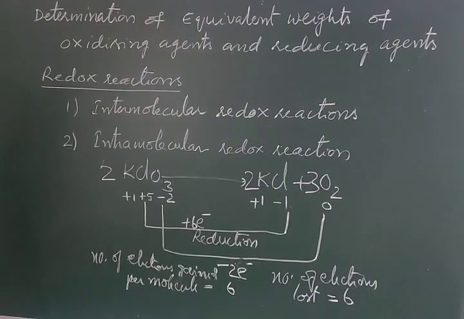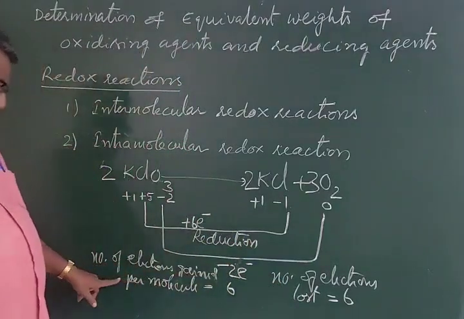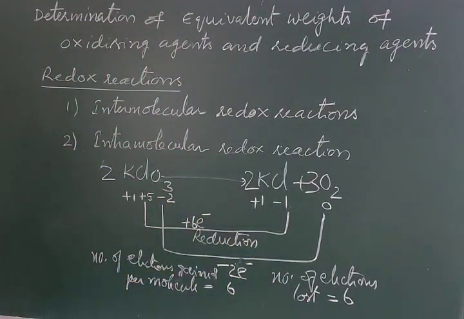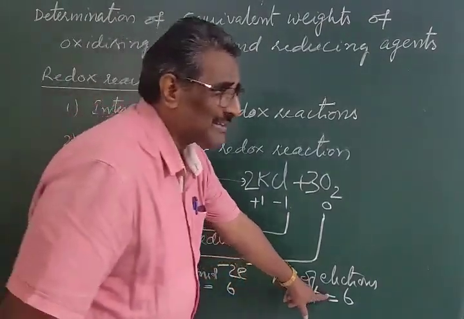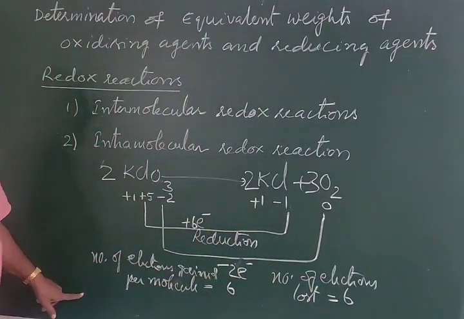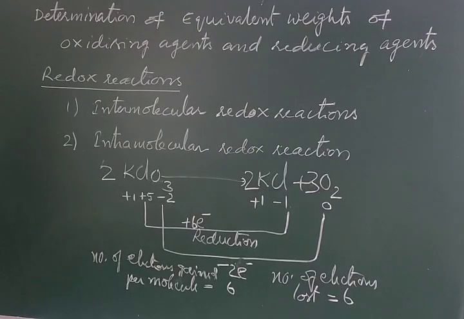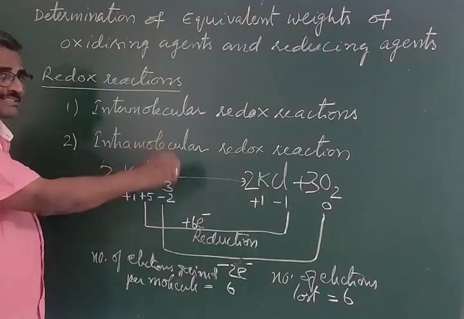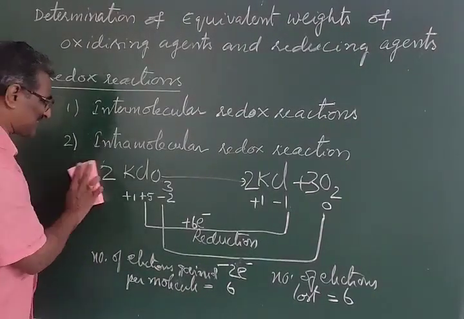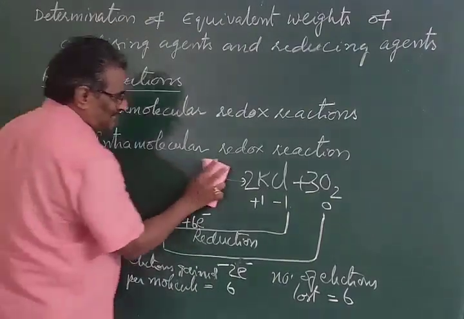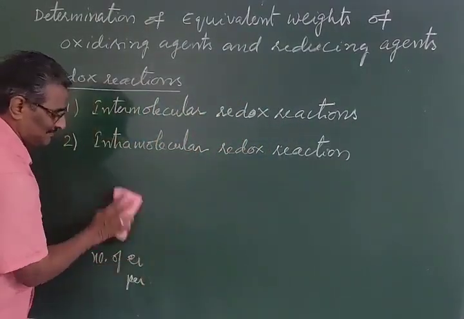The electrons lost by oxygen are gained by chlorine. The number of electrons lost per molecule is the same as the number gained. So for intramolecular redox reactions, the N factor is the number of electrons lost or gained per molecule.